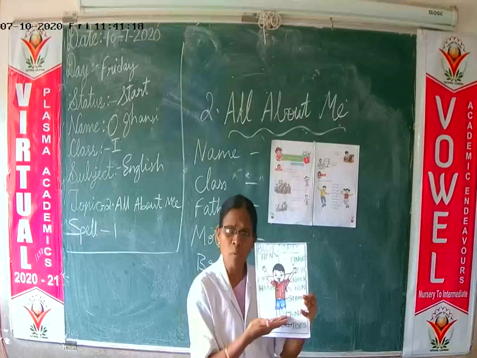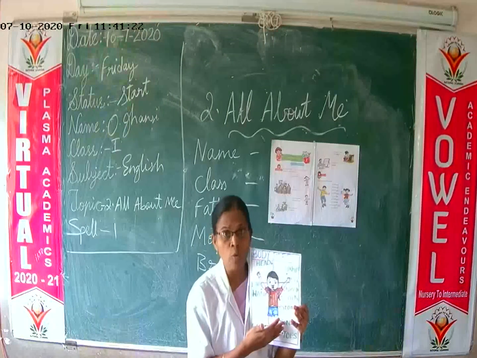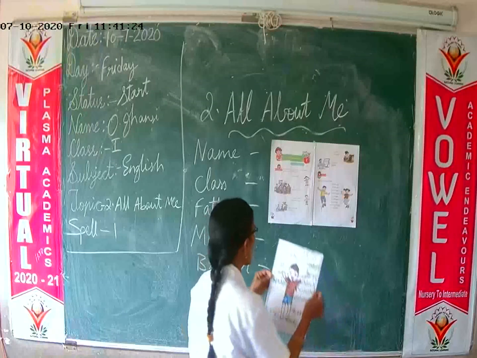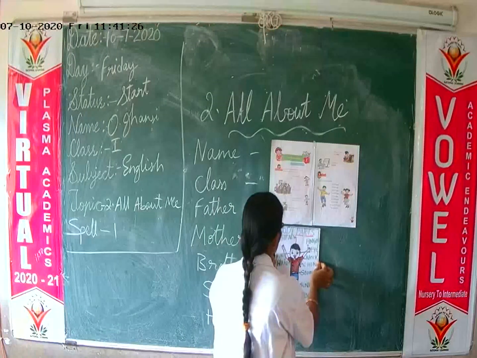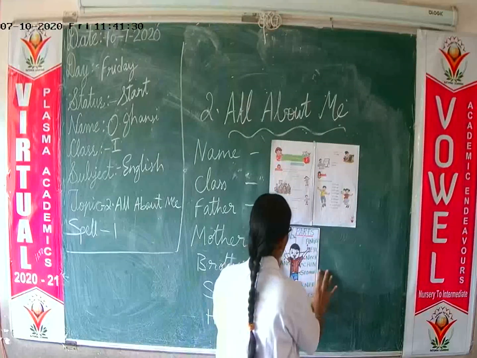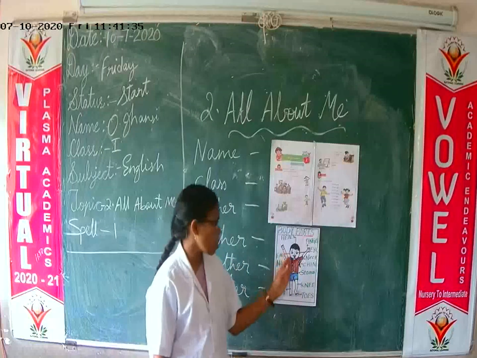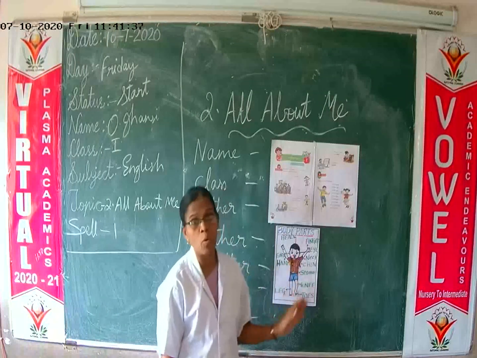If we have the body, we can identify the parts of the body. Yes or no? Yes. So, now, this is the body. Yes, this is the human body, children.